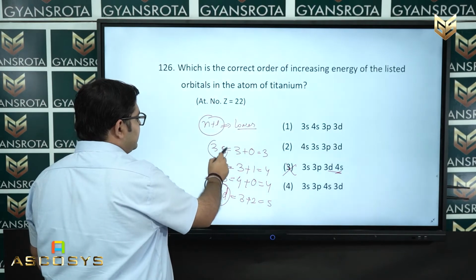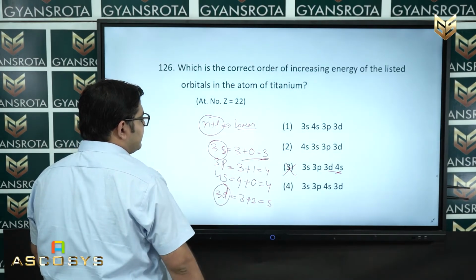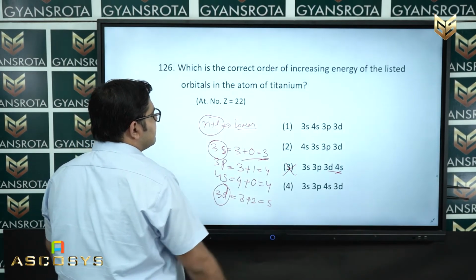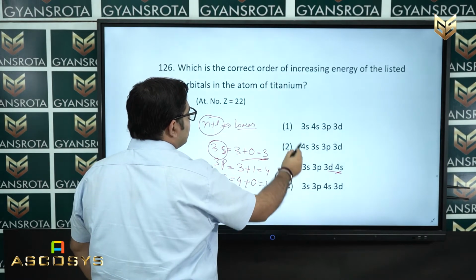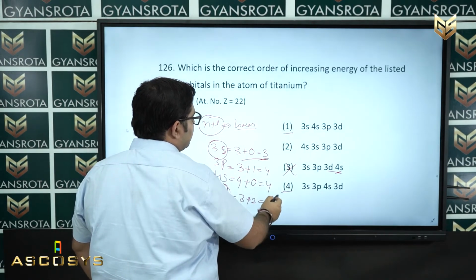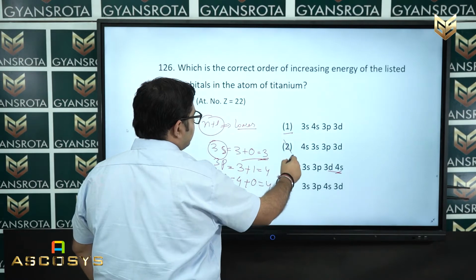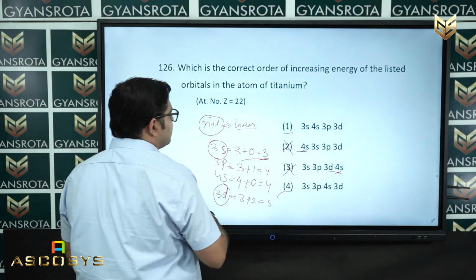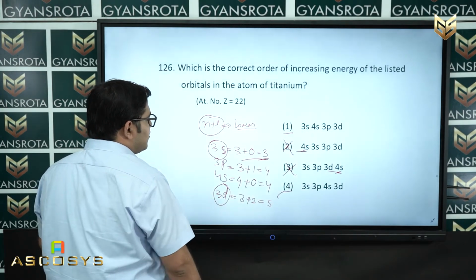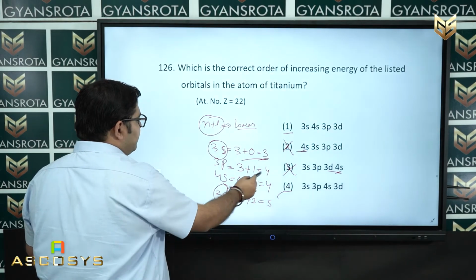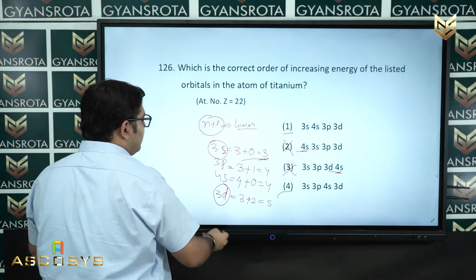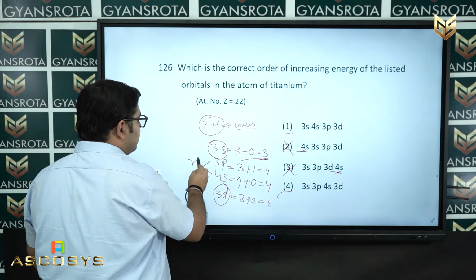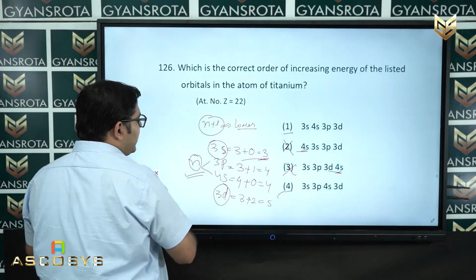And the 3s has the lowest n plus l value, so it will fill first. Among all these, only in option number 1 and option number 4 is 3s given first; option number 2 has 4s, which is not possible, so we can neglect option number 2. Now, when the n plus l value is the same, we have to see the n value; whichever has the lower n value fills first.